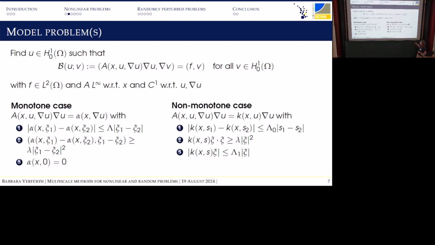So there you have a nonlinearity. You are linear with respect to the gradient, but you're nonlinear with respect to the function itself. And you have similar assumptions. You have some sort of Lipschitz continuity with respect to the nonlinearity. And then this one here plays the role of a diffusion coefficient, so you want to have some sort of uniform boundedness and ellipticity here as well, uniform with respect to u.